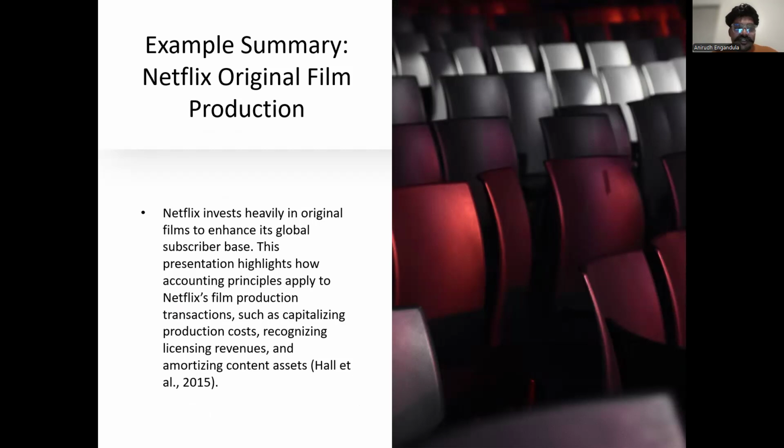These accounting activities ensure compliance with generally accepted accounting principles and international financial reporting standards. As noted by Hall, Bandyopadhyay, and Mowat in 2015, accurate financial reporting in the entertainment industry is crucial for reflecting both short term expenses and long term asset value.